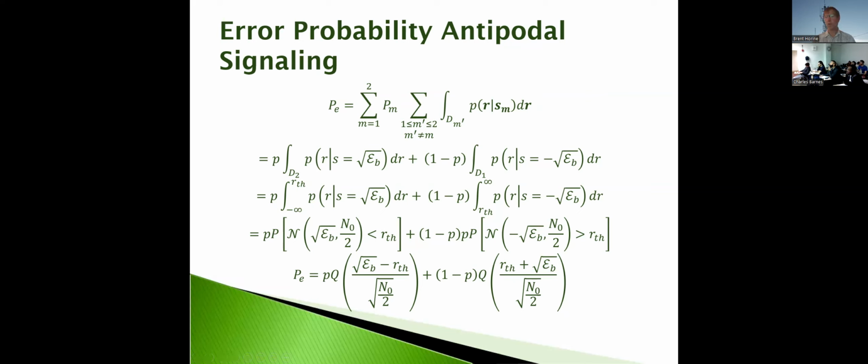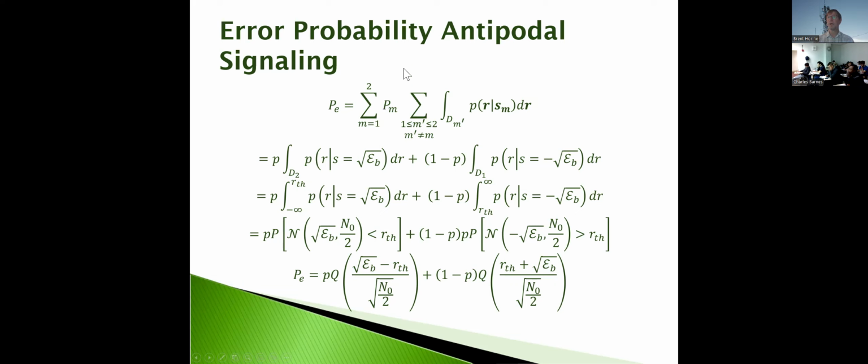We need to look up all the different decision areas for all the different correct symbols. Okay, so this is pretty generic, except with these twos here, we kind of implied that it's antipodal or binary. Okay, so now let's look at these terms individually, right?